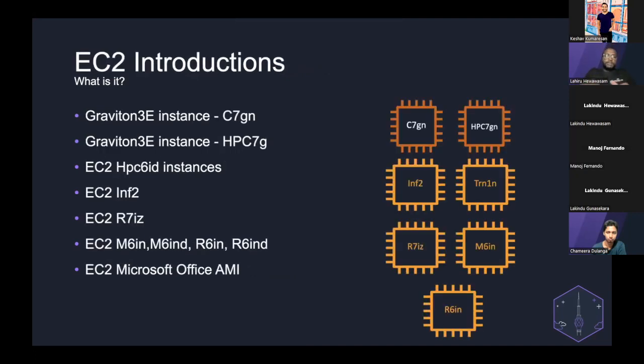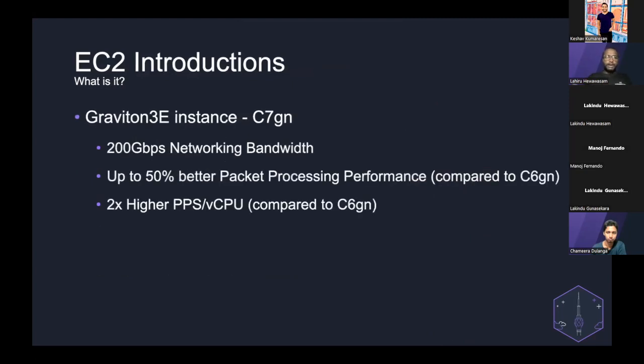So now in this slide, I've mentioned a couple of new EC2 instances or EC2 introductions that they've made during re:Invent. And some noteworthy components, I would say, are the C7gn or Graviton 3E instance, which is capable of handling up to 200 gigabits per second network bandwidth and 50% better packet processing performance, right?